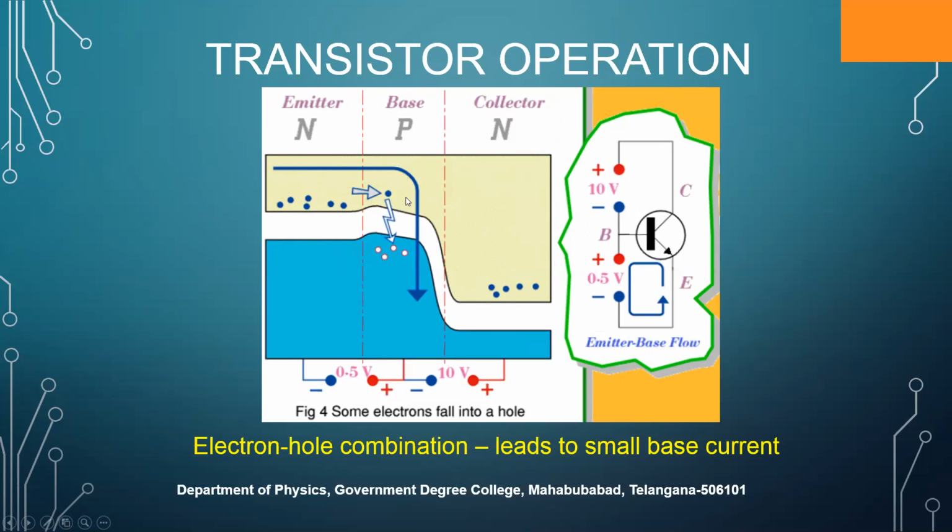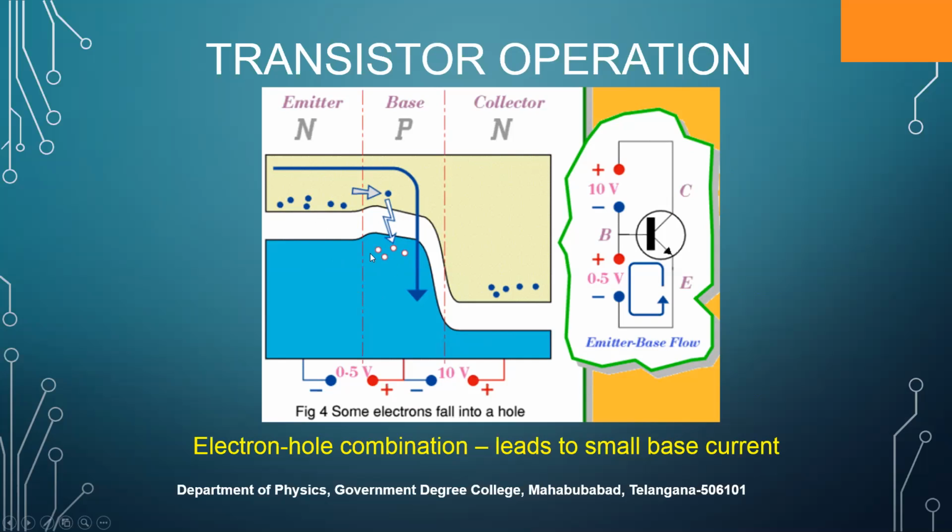At the same time, what happens in p-type semiconductors? Holes are the majority carriers. When these electrons flow from this side to this side, there is a possibility of recombination of electrons and holes. This will constitute the base current. Emitter current means the current flowing from emitter to base.